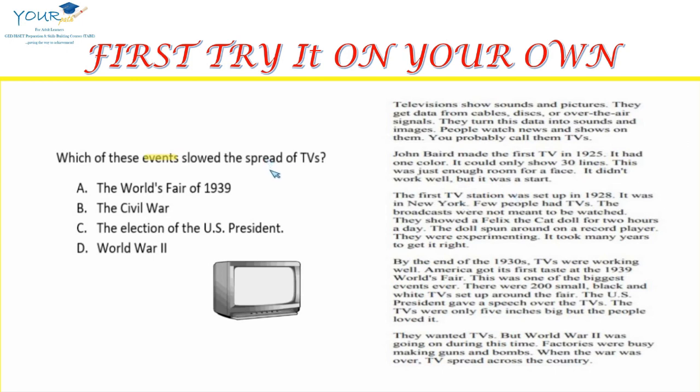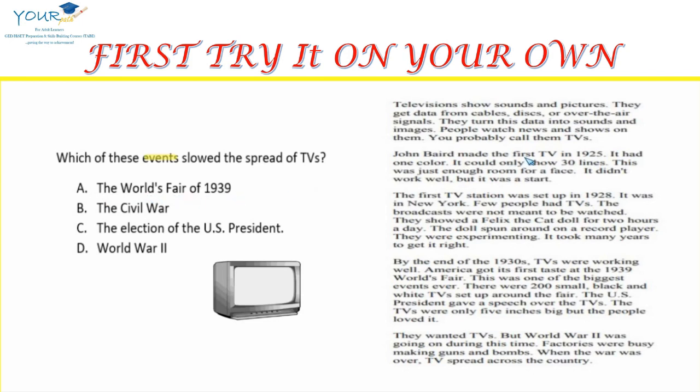So now that we have clarified what the question is asking of us, we're ready to revisit our options, and we can utilize the process of elimination as we go down each option to determine whether or not that option applies. Let us begin with option A, the World's Fair of 1939.